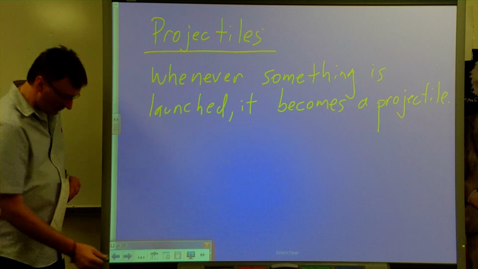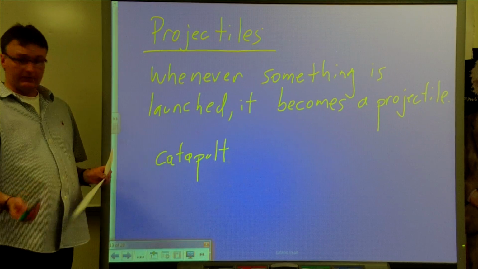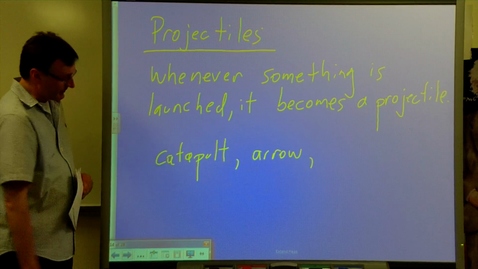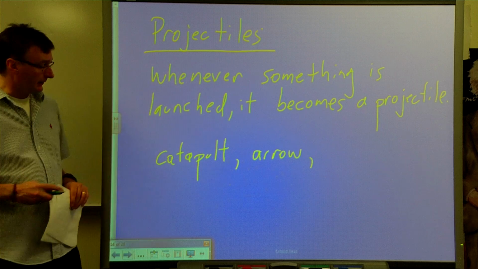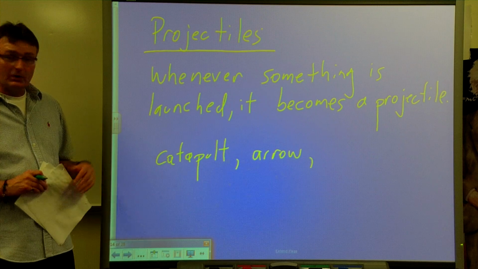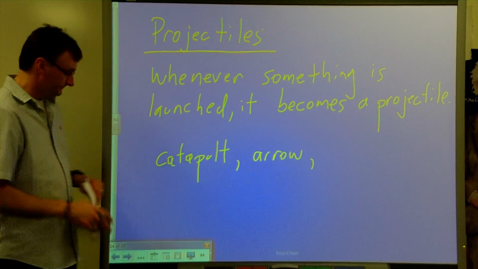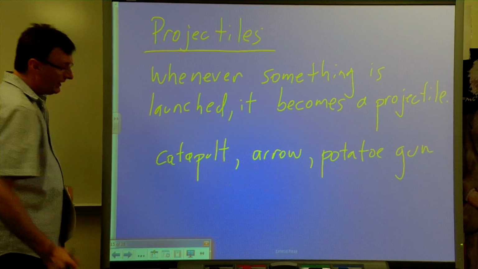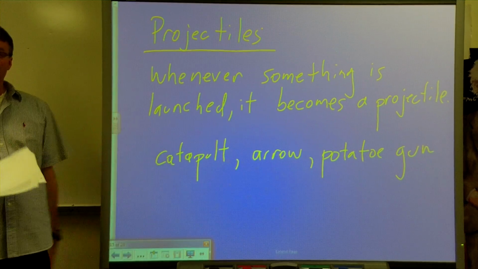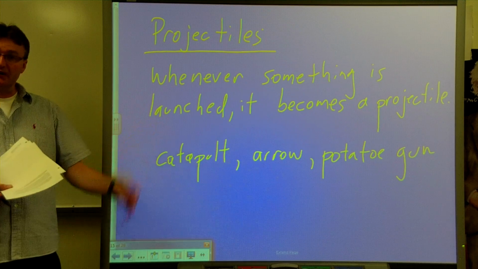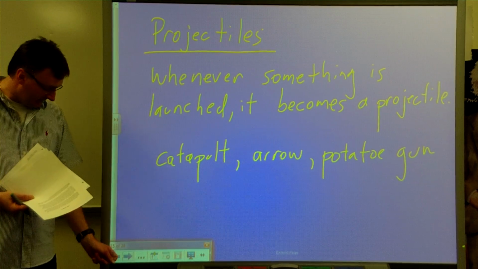It doesn't matter what you launch it from, whether a catapult or a bow. Let's say you fire an arrow from a bow. As soon as it leaves the bow, it's a projectile, and it's in free fall. Or for example, like a potato gun. As soon as you fire off that potato, it becomes a projectile, and it's in a free fall.